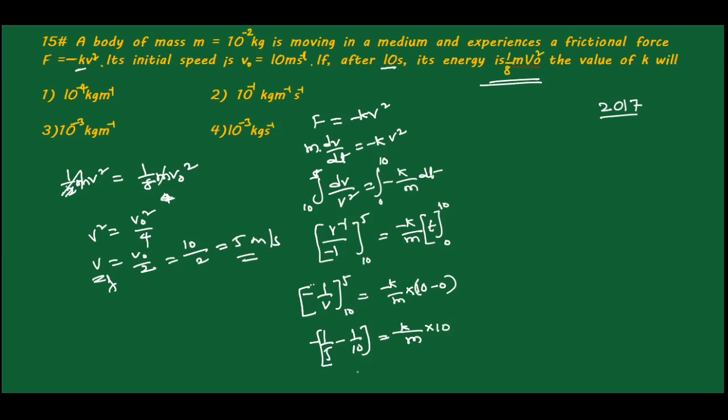Then here minus is there, so minus minus gets cancelled. Taking LCM as 50, 10 minus 5 is 5 by 50, equal to k by m into 10.